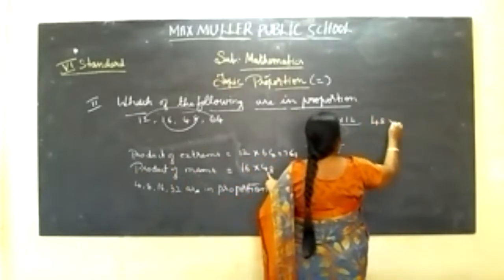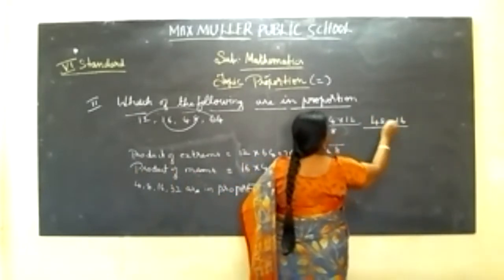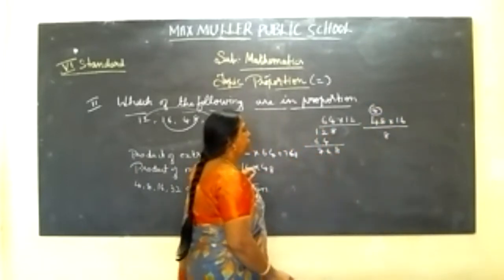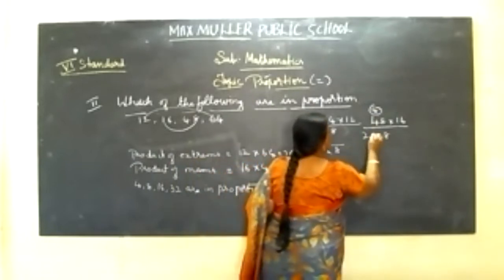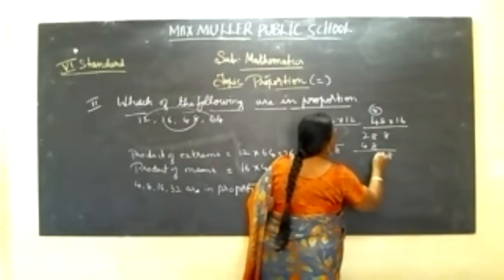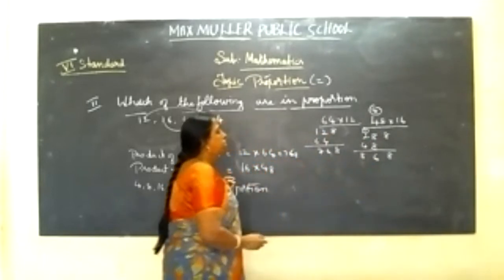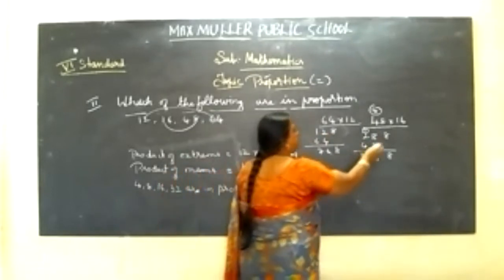48 into 16: 6 8s are 48, 4 carry, 6 4s are 24, 28. Now 8 1s are 8, 4 1s are 4. 8 plus 8 is 16, 1 carry, 4, 6, 7, 8. Check it properly once.